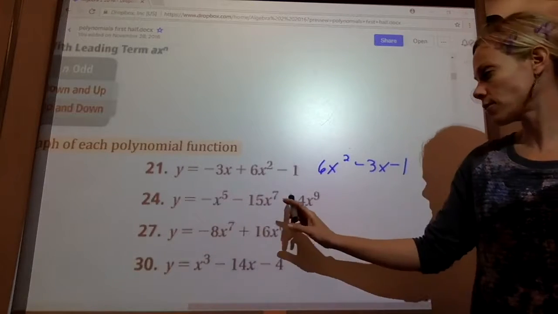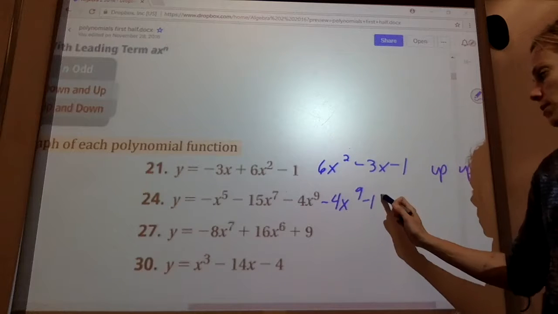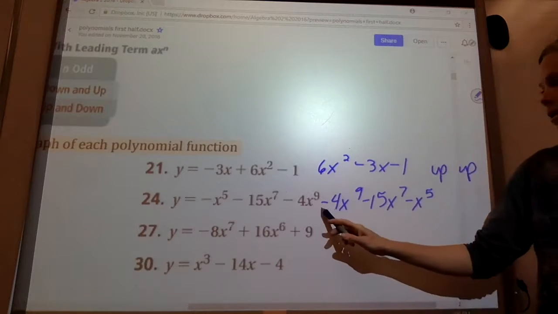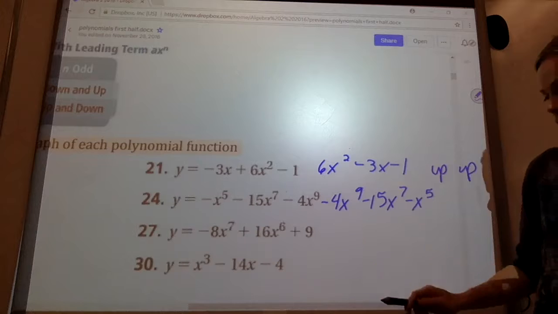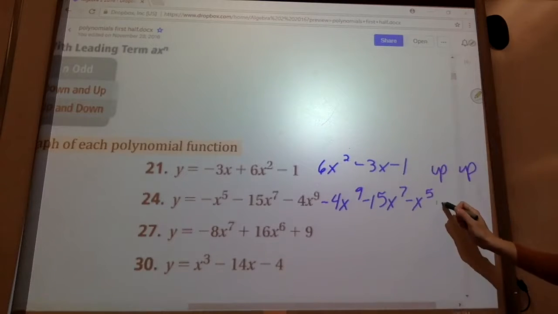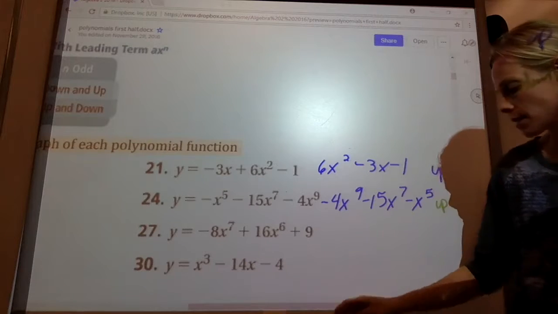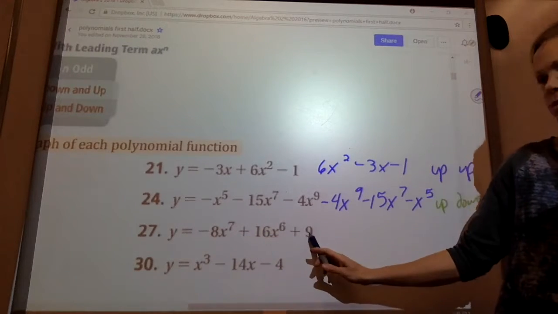This one, still, it's not in standard form. So I'd put it in standard form first. And now I can see, oh, it's negative with an odd degree. Negative with odd degree would be up, down. This one is in standard form, 7, 6, 0.